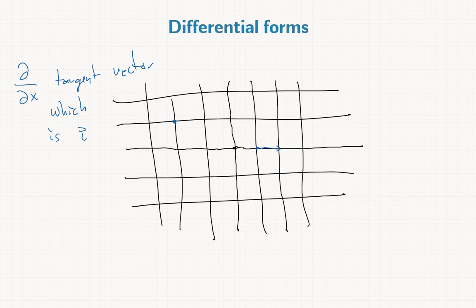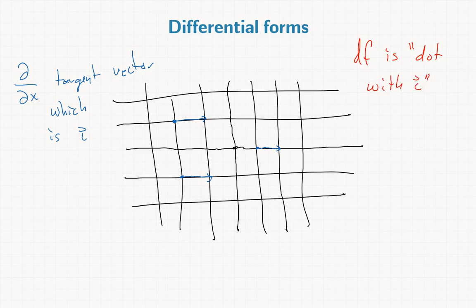Here, this would be del by del x, and so on. Whereas df is the operation dot with i.